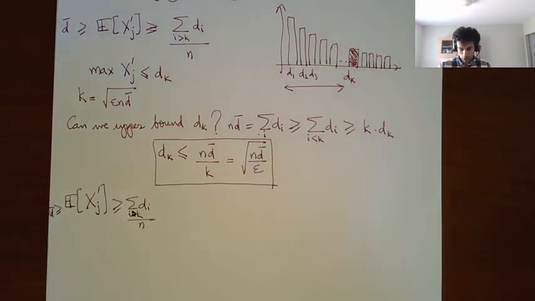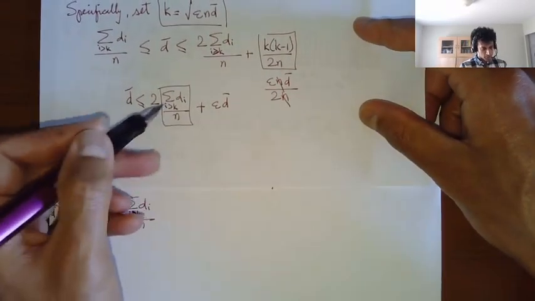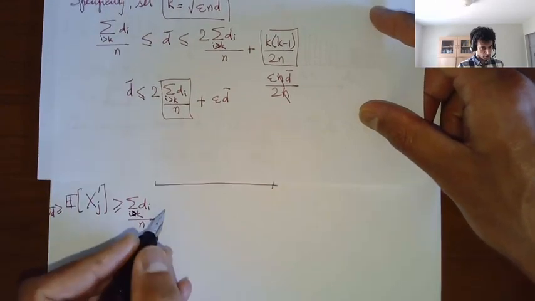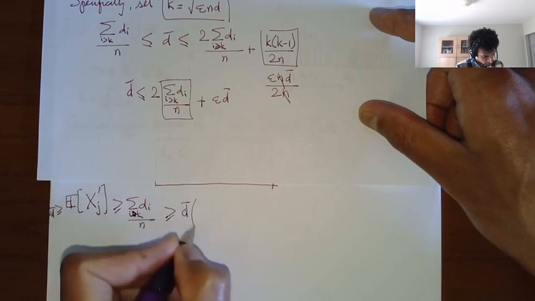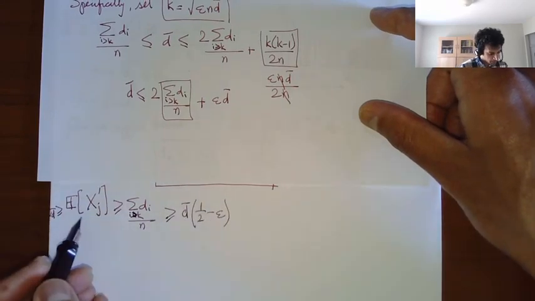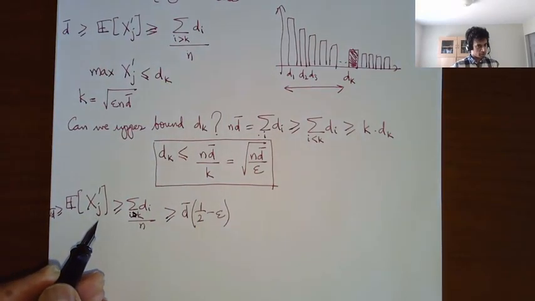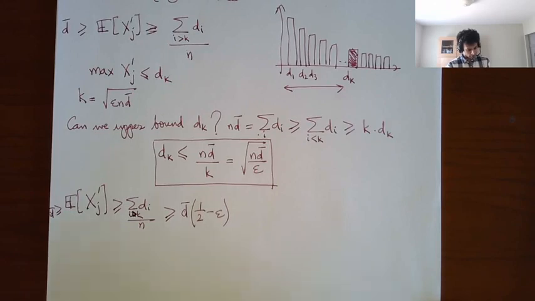Okay, to make this more precise, let me plug in this bound over here. So this is greater than or equal to half minus epsilon. So the expectation of the truncated random variable is a half approximation of what we are looking for.